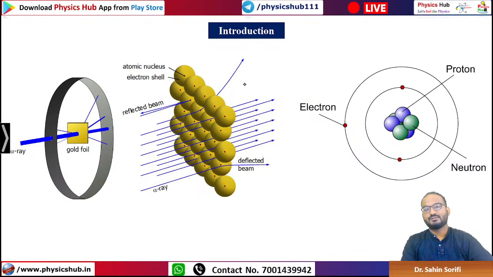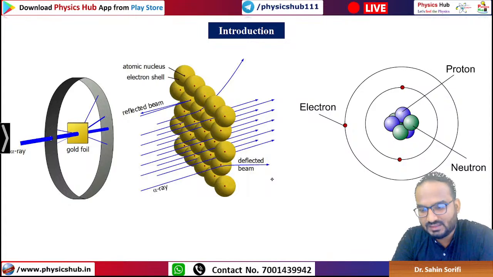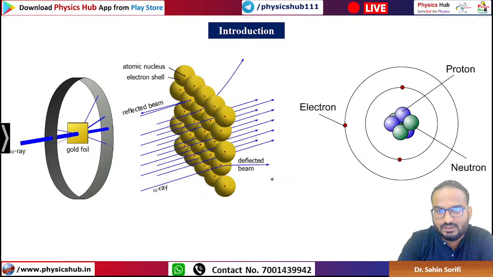From that experiment, he concluded that most of the atom is empty and all the mass is concentrated in a very small region. He later named that portion the nucleus, where most of the mass of an atom is concentrated. This is roughly Rutherford's experiment.